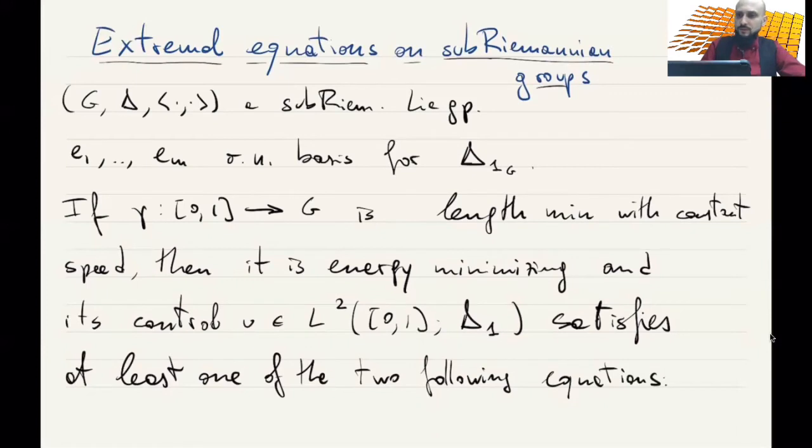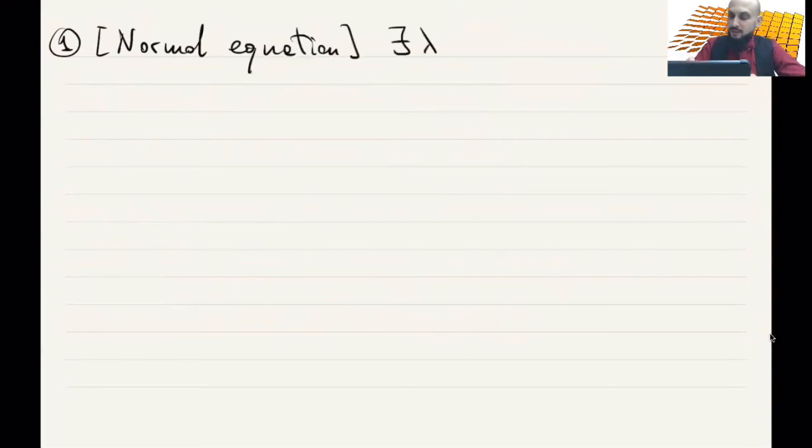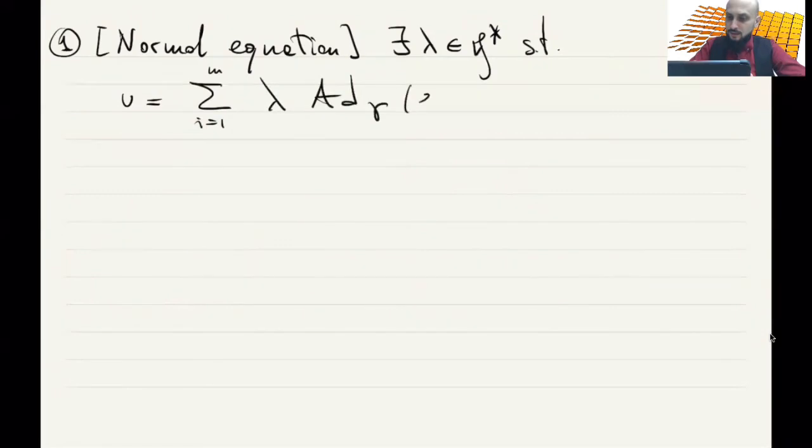What are the equations? So, number 1, we called it the normal equation. It was that there exists lambda in g star, where g is the Lie algebra of the group G, such that u is equal to the sum for i from 1 to m of lambda Ad_gamma e_i.